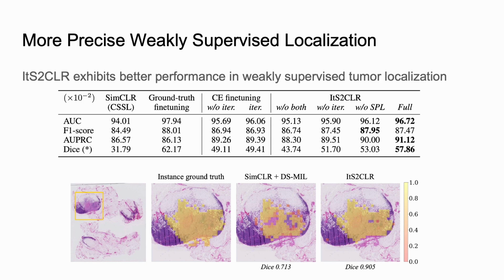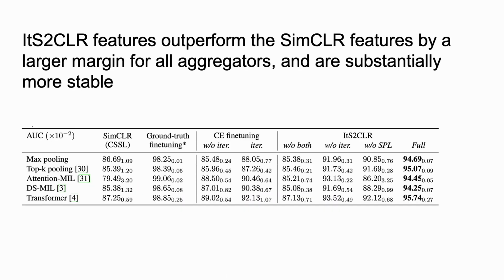The table shows that our framework improved the instance-level prediction accuracy regarding various metrics. The visualization in the lower plot demonstrates a better capability of our framework to localize tumor cells. This shows that our framework can improve both bag-level and instance-level predictions in multiple instance learning.